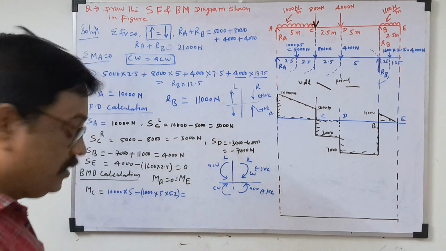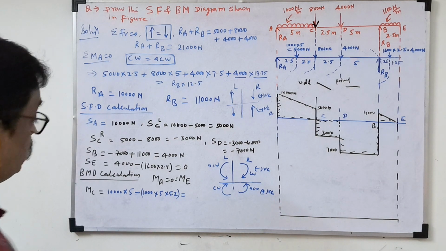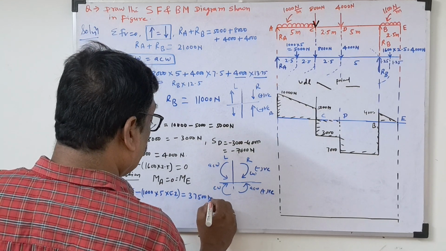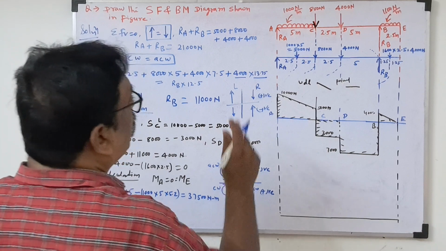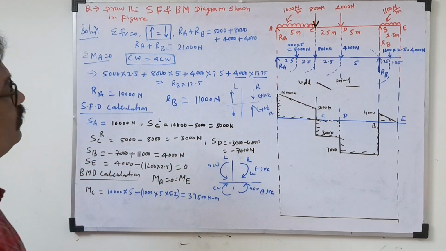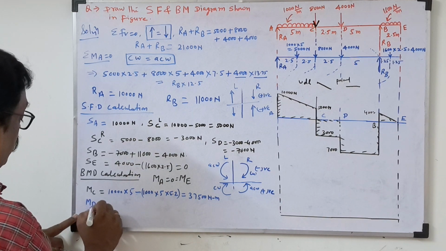How much will come? We'll see. So into 5, this calculation is coming 37500 Newton meter, because UDL, all shear force will be Newton. This Newton meter, MC over.